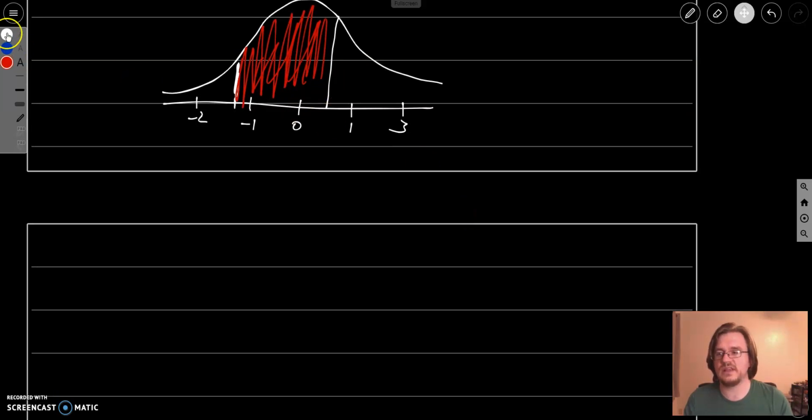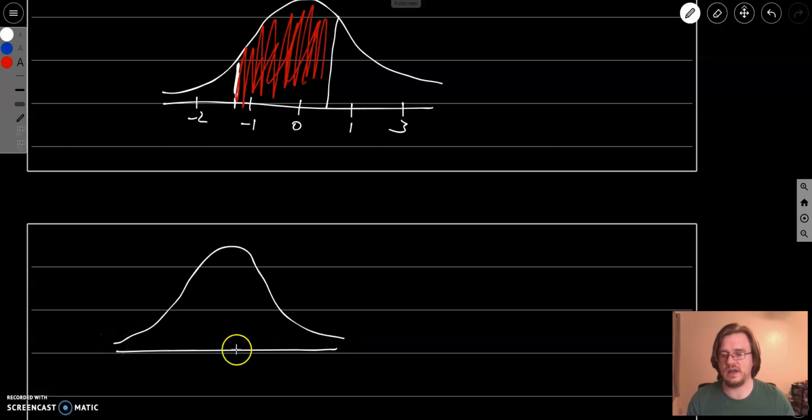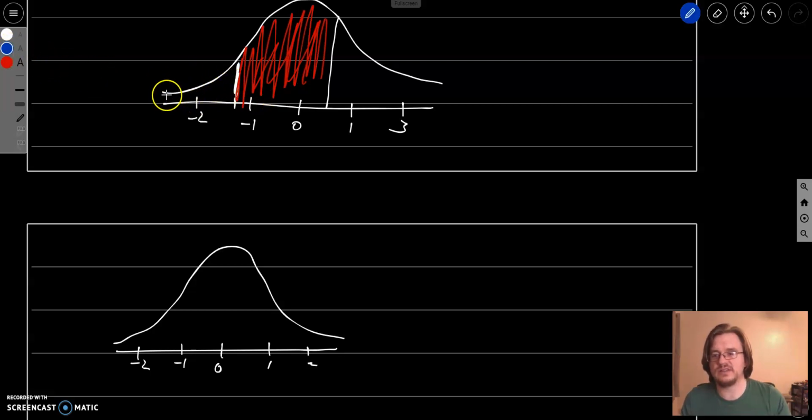So here's the original picture, and I'm going to draw this again. So 0, 1, -1, -2, 2. When we look at what's in red here, I'm going to draw this in 2 areas. We've got what's in blue down here, and this is going to be from negative 1.3 on.